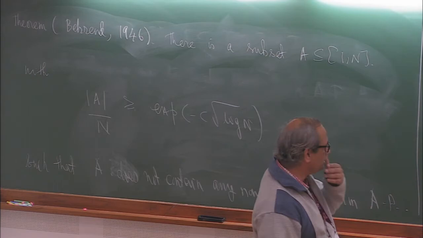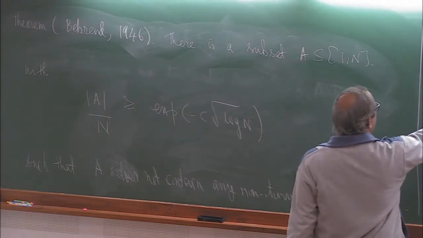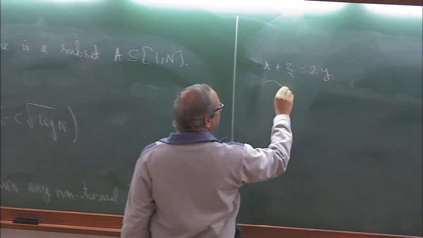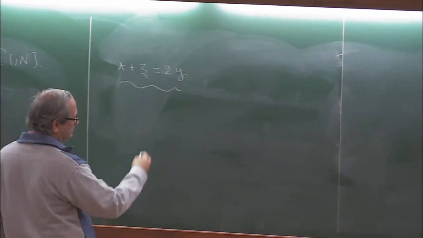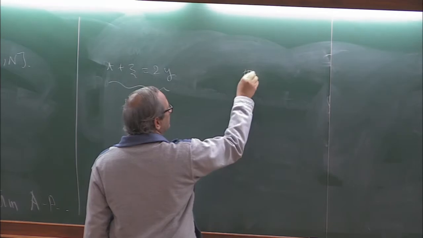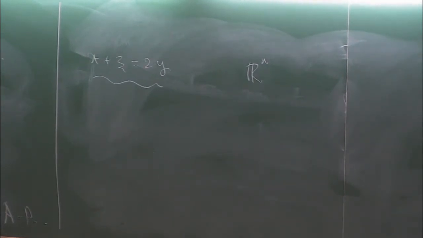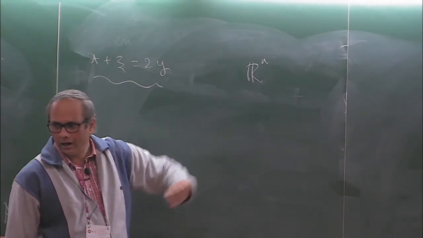Okay, so the equation x plus z equals 2y makes sense even in a vector space. So in R^n, you can speak of solutions to this equation in R^n.